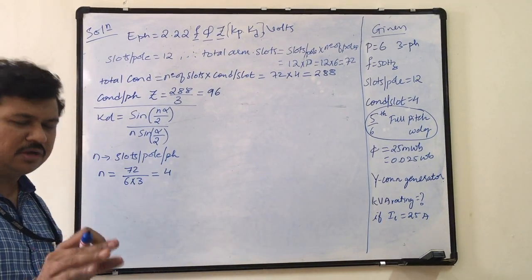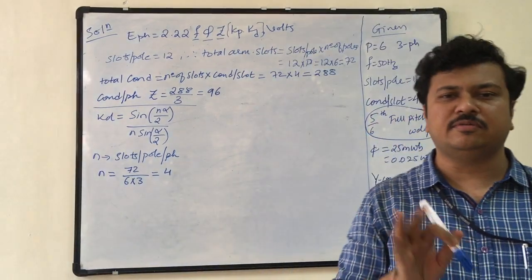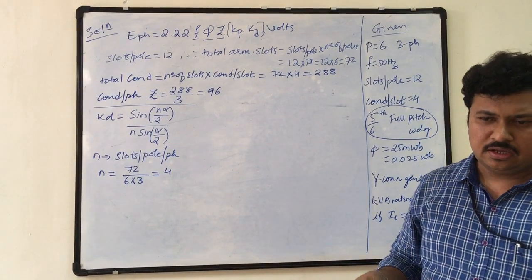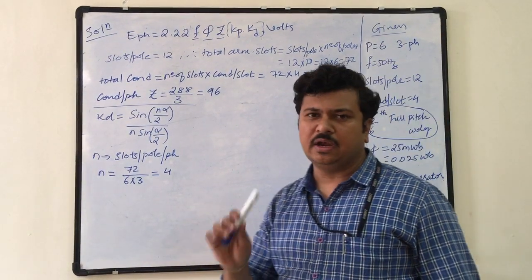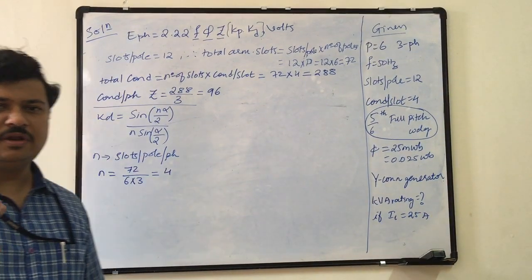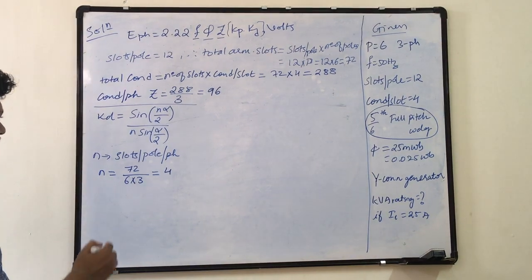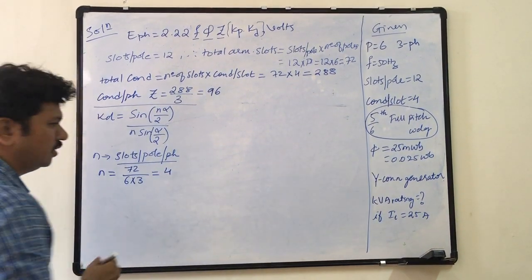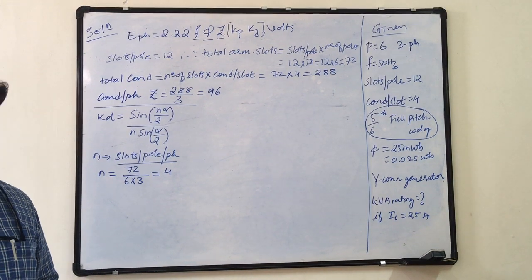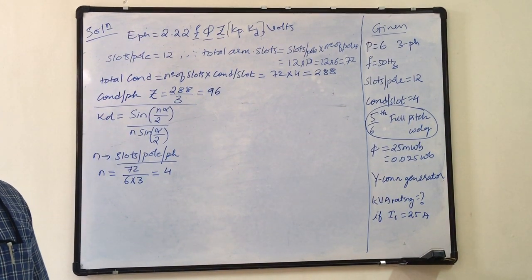Now suppose you have a confusion whether the winding is a distributed winding or a concentrated winding. If it is a concentrated winding, then my pitch factor will be 1. I cannot assume it directly. So one very small cross check we can do is simply calculate the number of slots per pole per phase. If it comes out to be 1, then my Kd will be 1.